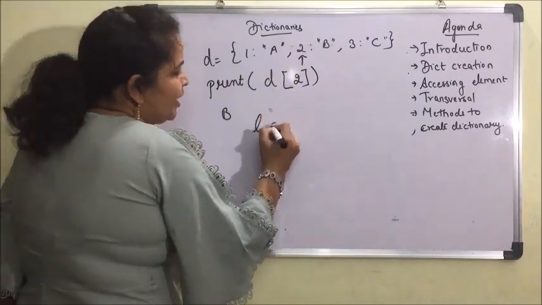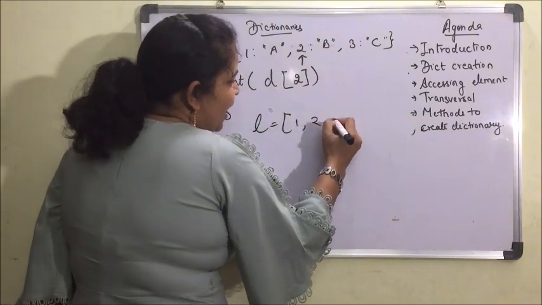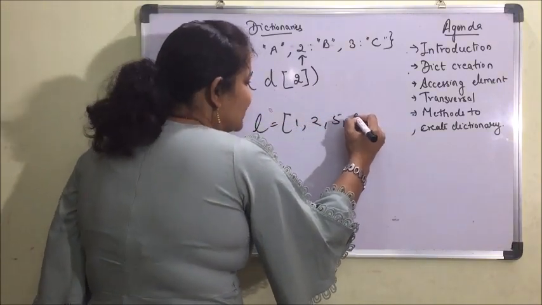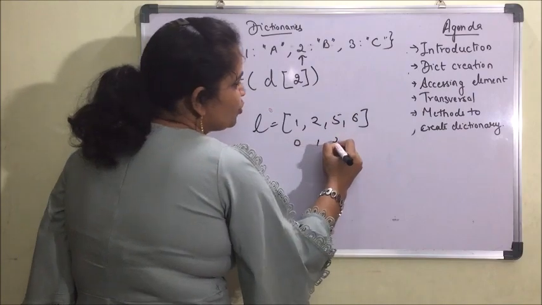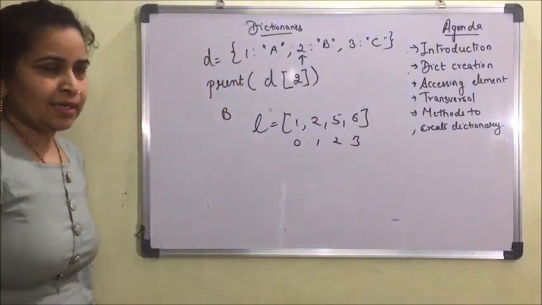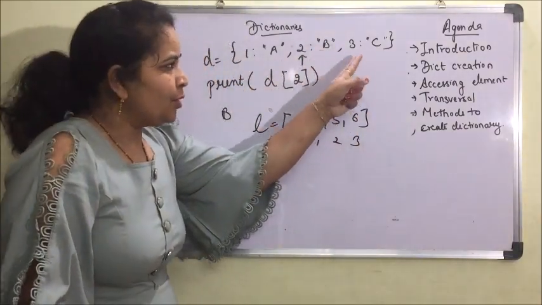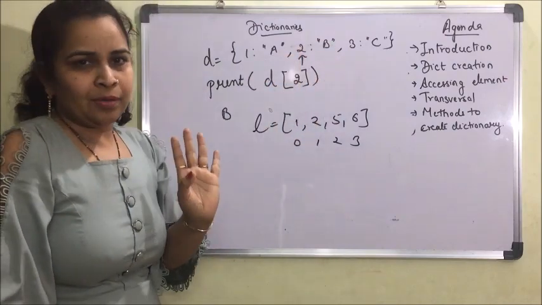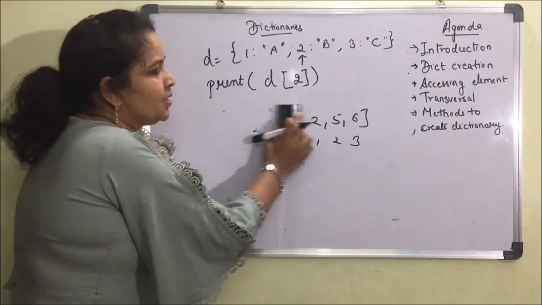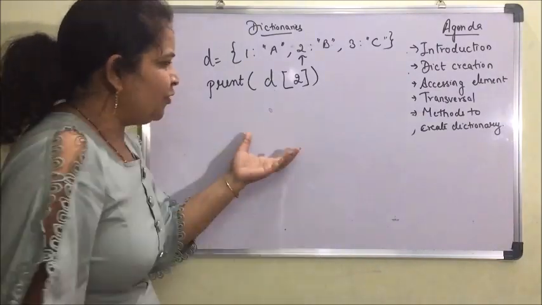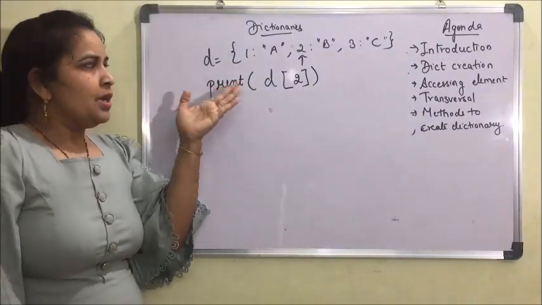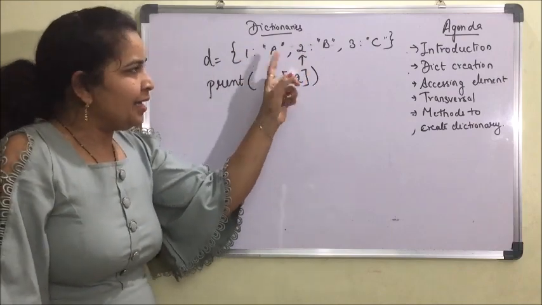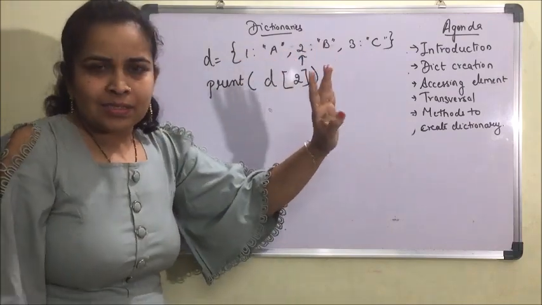When we were defining a list, we had the indexing system 0, 1, 2, 3. Here there is no indexing. If we want to access an element, we should know the key of that particular element. But then what is the benefit of using a dictionary? First of all, there is no indexing system.